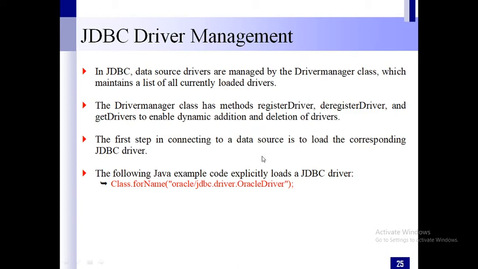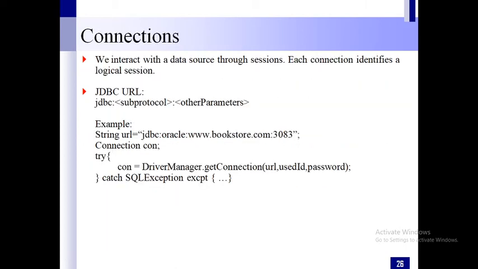Class.forName is the function which is used to load the specific driver. Here actually we are using the Oracle database, that's why the name is given as the Oracle driver. So depending on the data source, you need to load the data source drivers. The next step, after loading the data source driver, is we need to establish the connection.